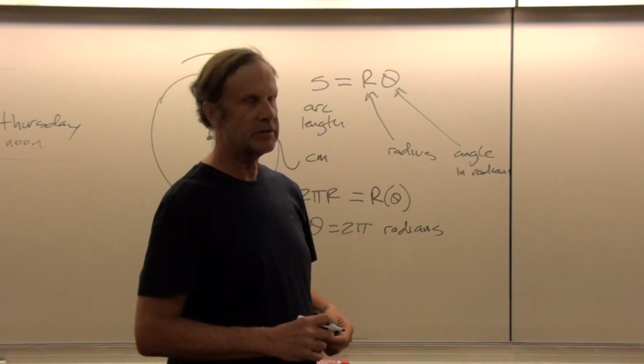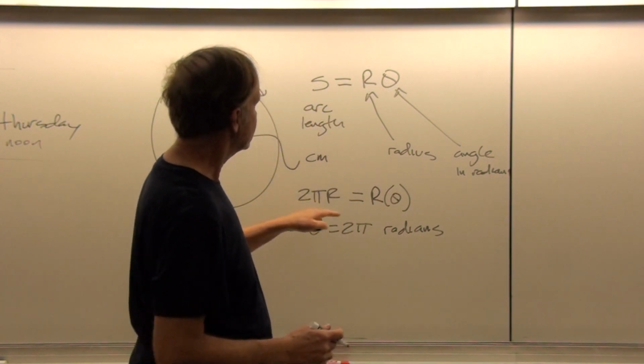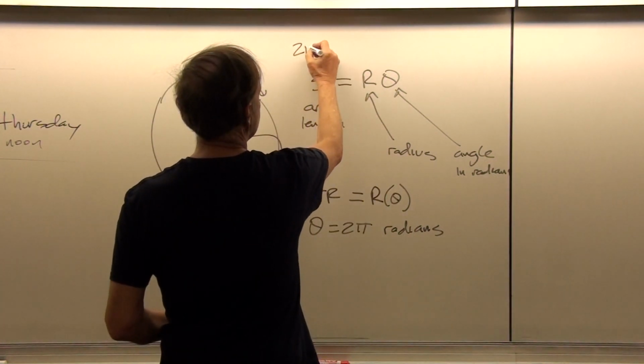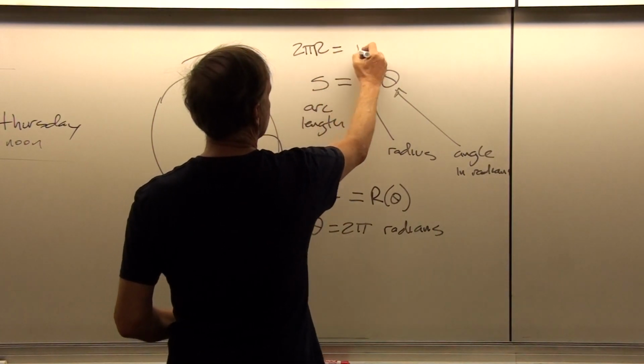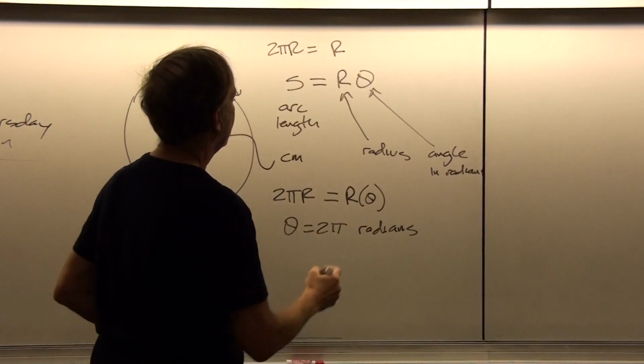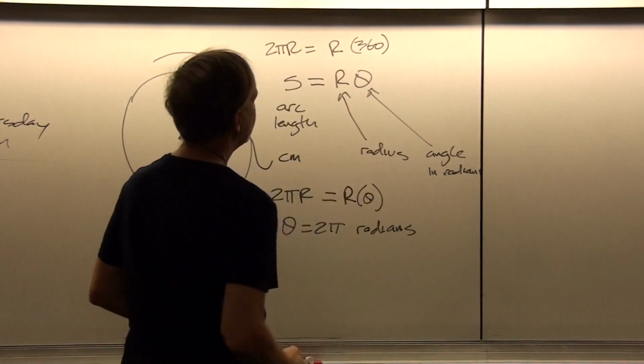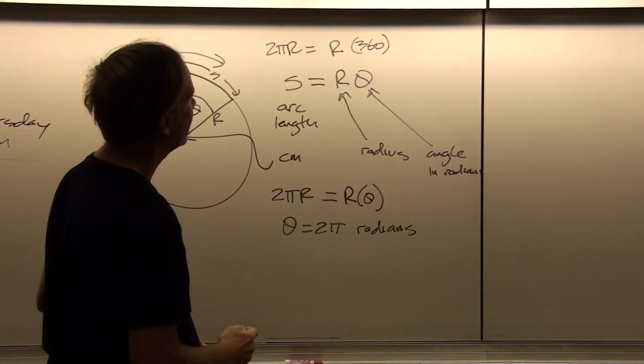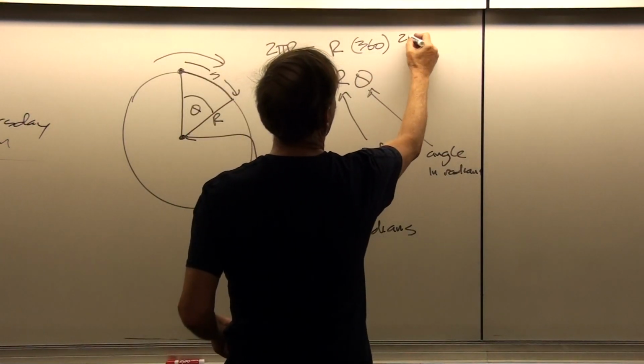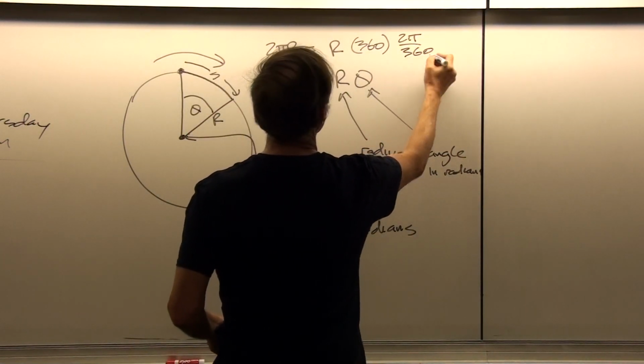Now what if we measured in degrees? Well, then to satisfy this relationship that 2 pi r equals r theta, and theta was 360 degrees, then we would have to multiply by a correction factor of 2 pi over 360.